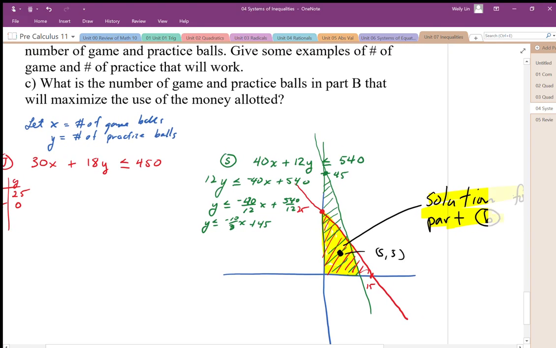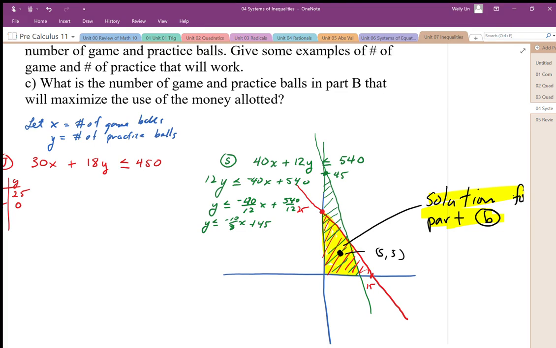Okay, so we want both teams to have the same number of game and practice balls. Not necessarily the same number of game balls and practice balls, but we want both teams to have the same number of balls. And they want to be able to spend as much money as they are allotted.